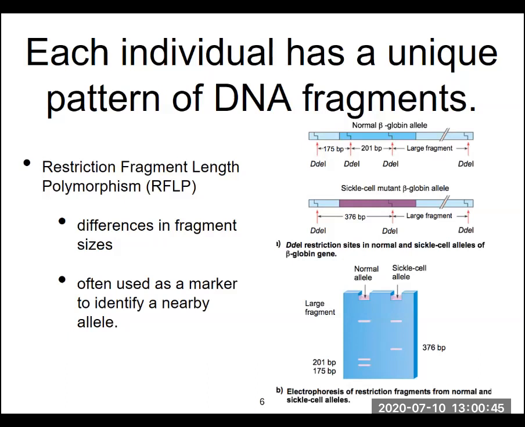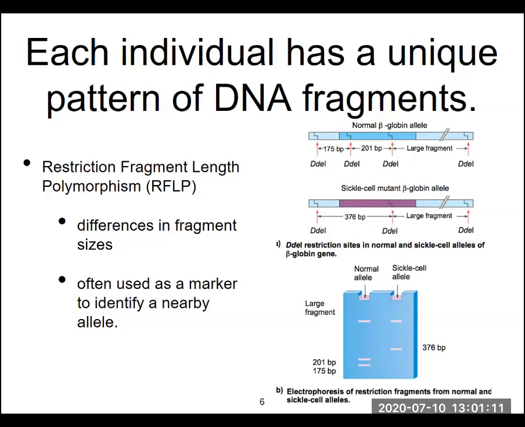Again, fancy words, but take a look at it. Length just means the length of the molecule, or the length of the fragment that we're looking at. Polymorphism: poly for many, morphism for shape. Basically it means that each individual is going to have a unique pattern of DNA fragments, fragments of varying lengths as they go through. And then we can use that to find out information about the individual.